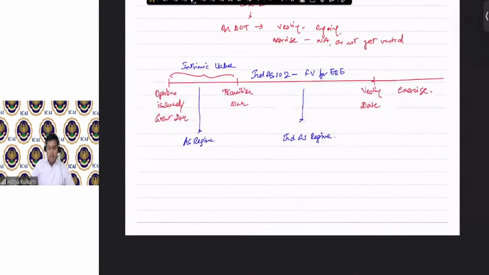Let us understand, and you will only then understand who is wrong and who is right. AS regime, I would have passed the entry EB account debit to SBP reserve.